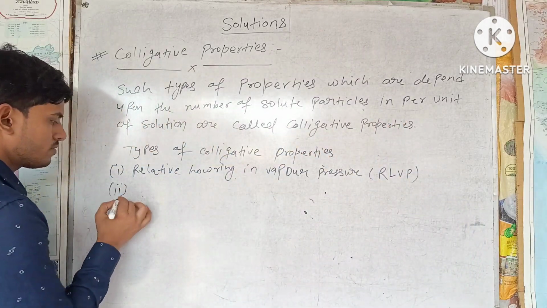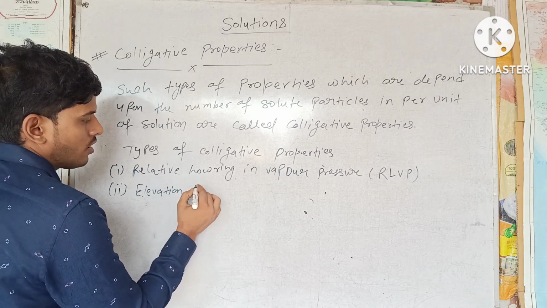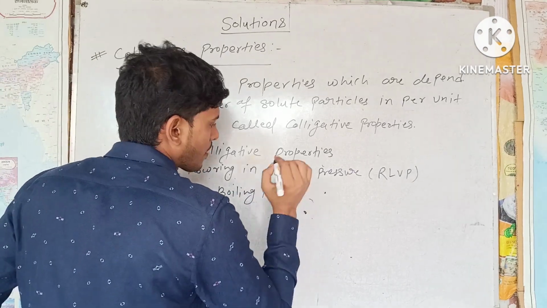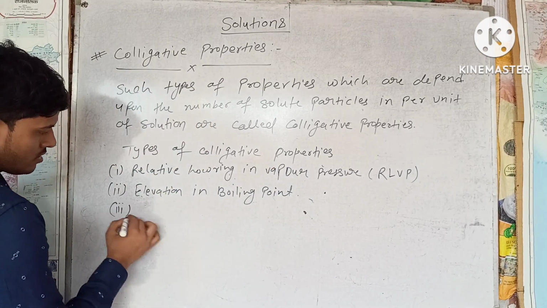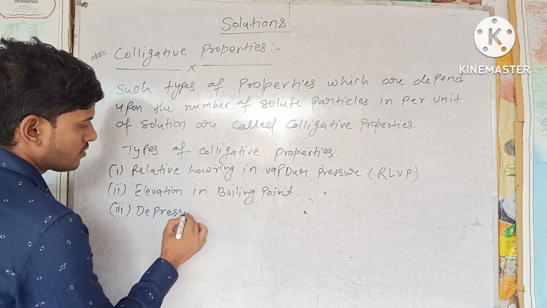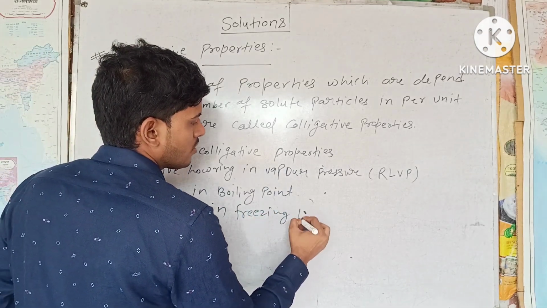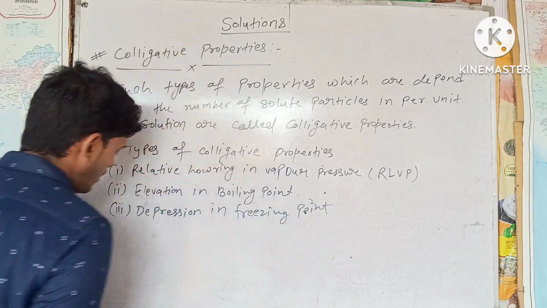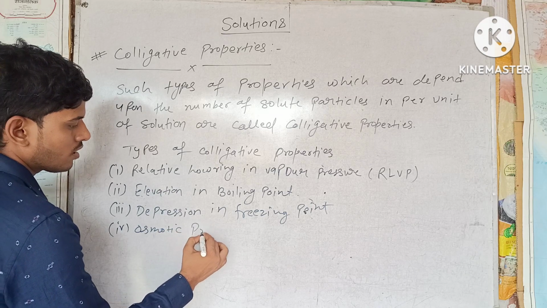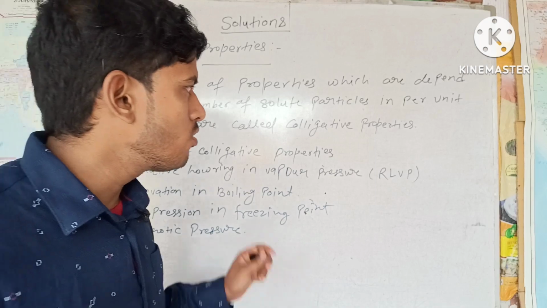The second one is elevation in boiling point. The third one is depression in freezing point, and the fourth and last one is osmotic pressure. So these all four are the colligative properties.